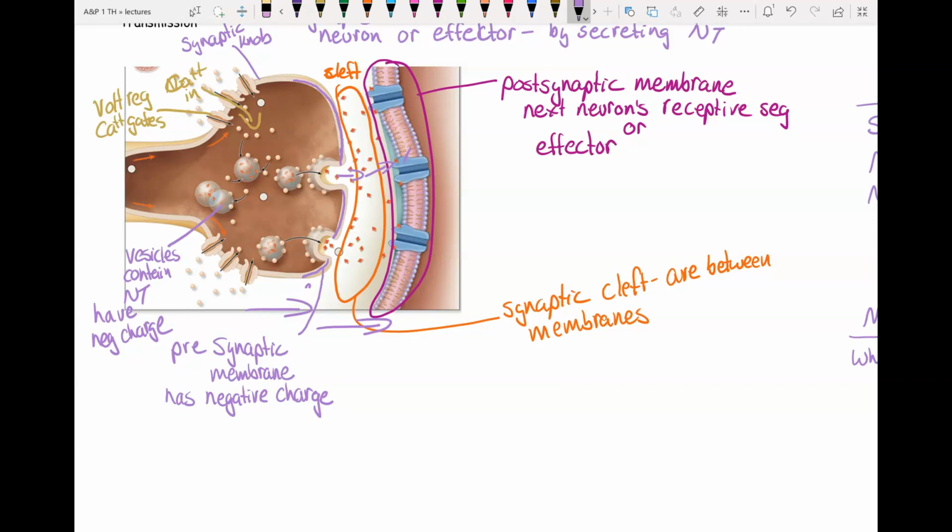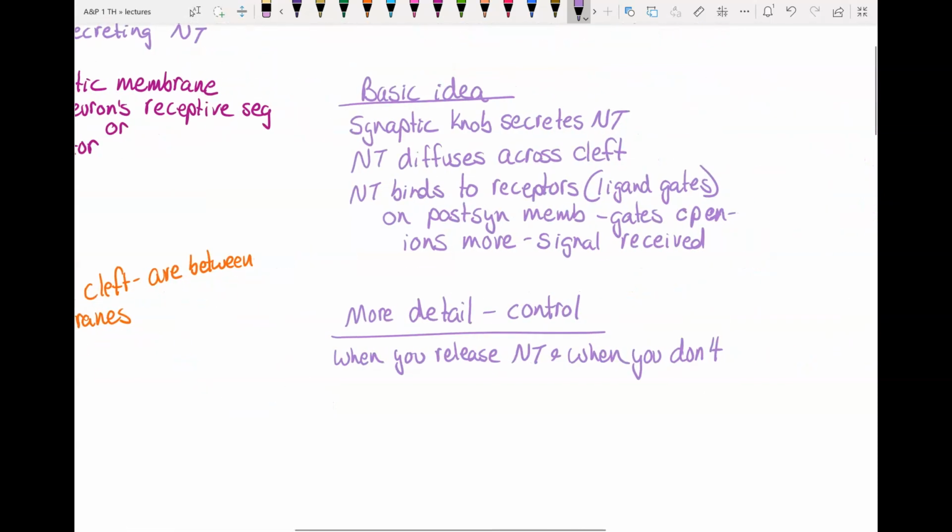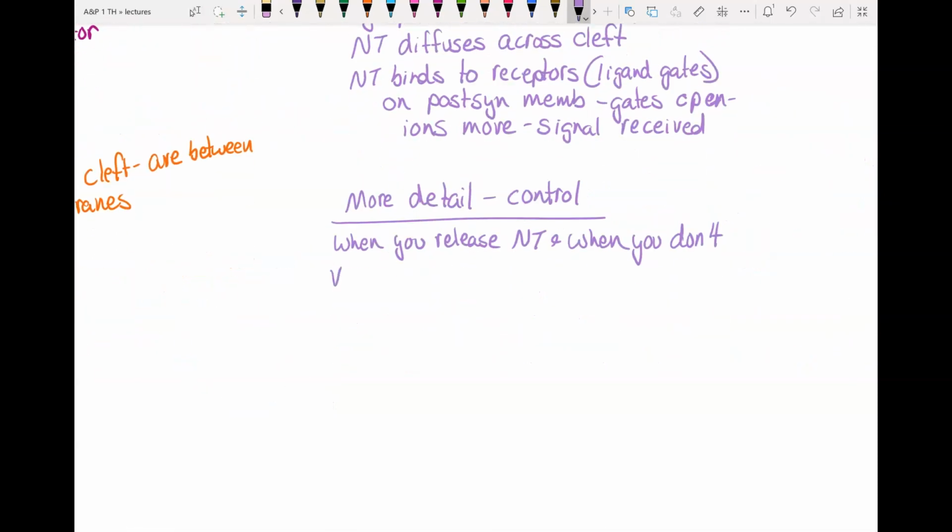The vesicles and the presynaptic membrane both have a negative charge. So remember, like charges, they repel, right? Opposites attract, likes repel.